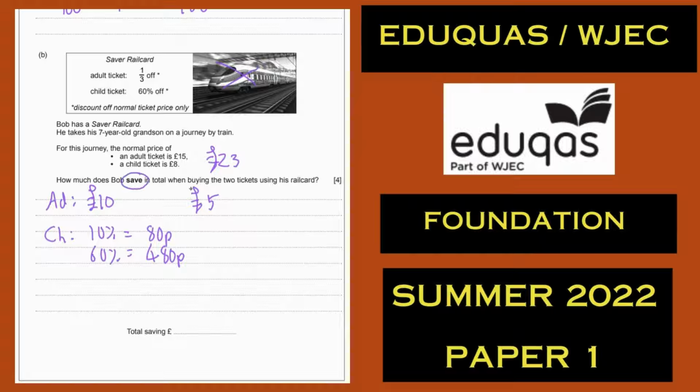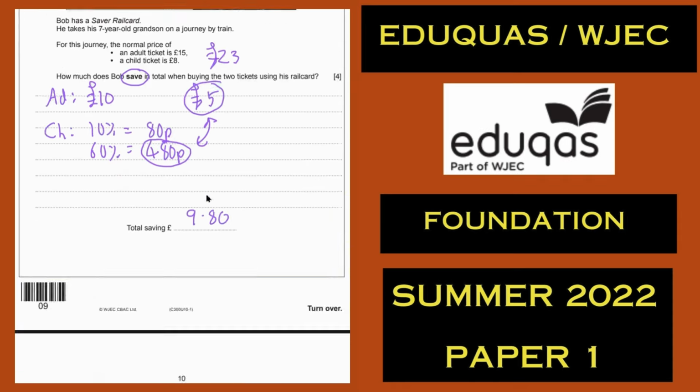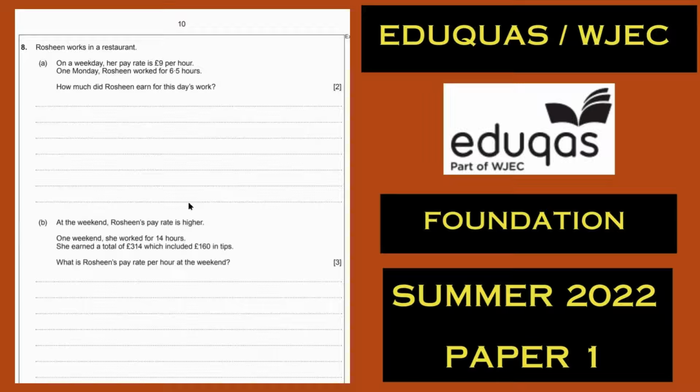It's in bold, so it's more interested in his savings. So it's the £5 from the first part, and that's his savings. It's those two. It doesn't ask for the new total, the cheaper price. It's the £5 savings and the £4.80 savings. He saves £9.80 with his rail card.